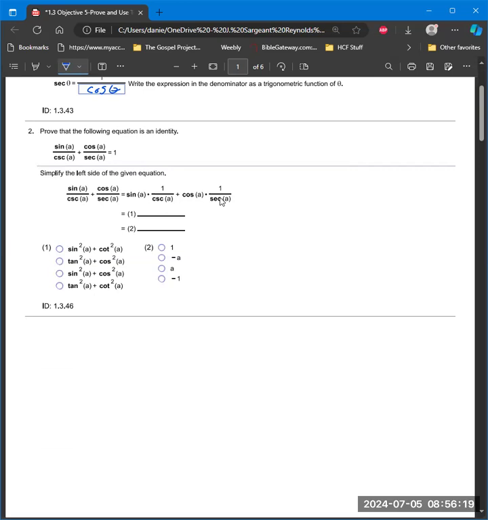Prove that the following equation is an identity. Sine over cosecant plus cosine over secant is equal to 1.